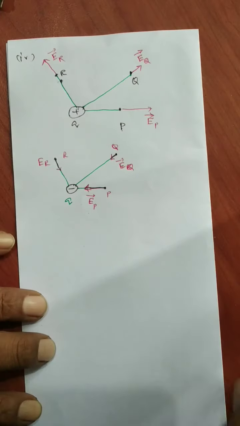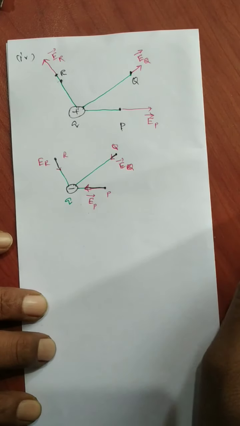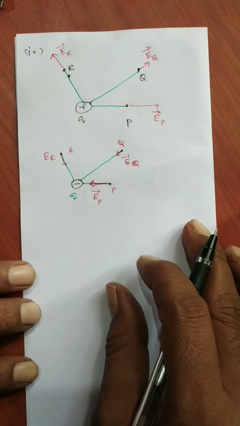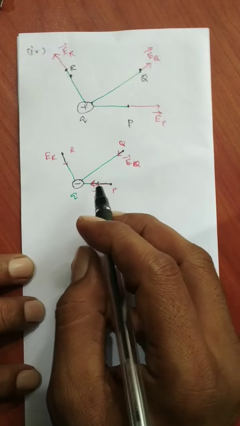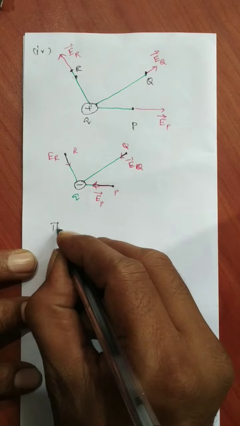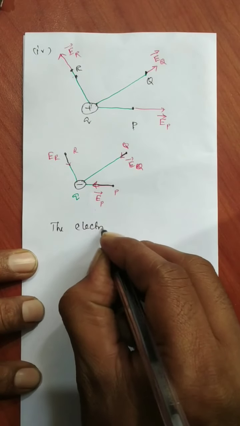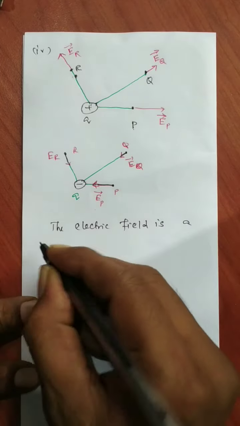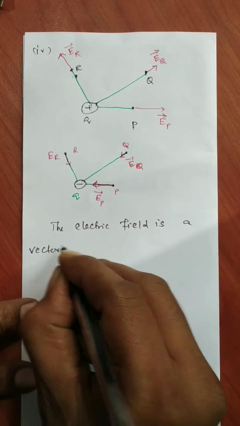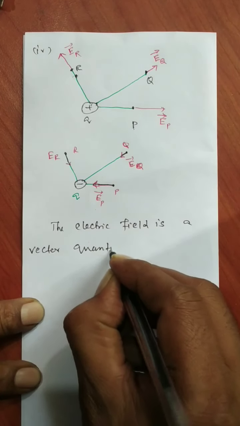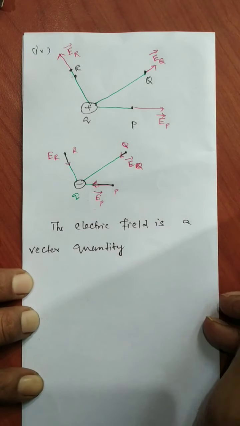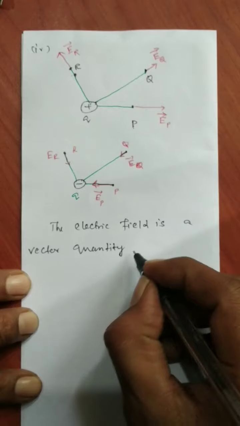So the conclusion from this point is that the electric field is a vector quantity at every point in space.